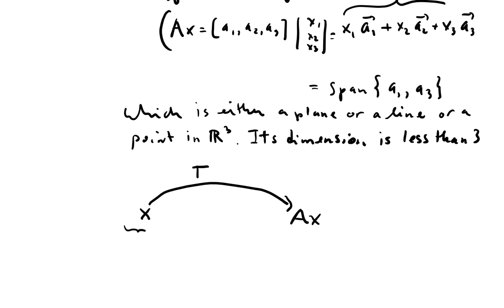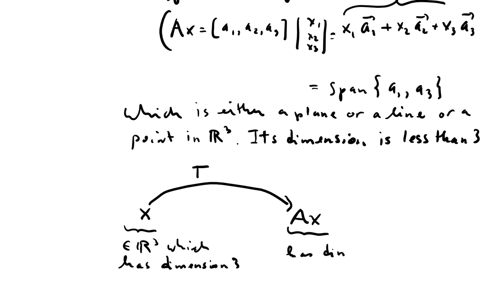Initially this x is in R3, in a space of dimension 3. But this Ax has dimension less than or equal to 2.